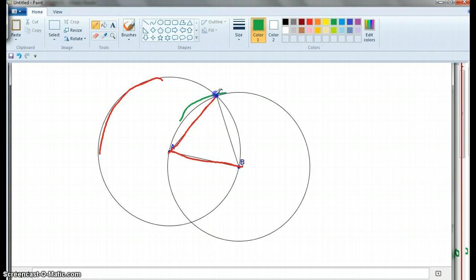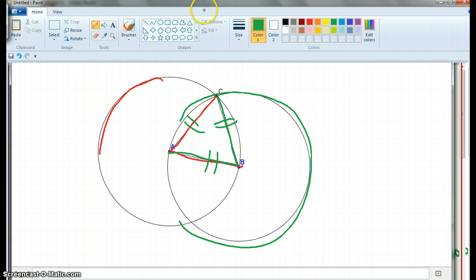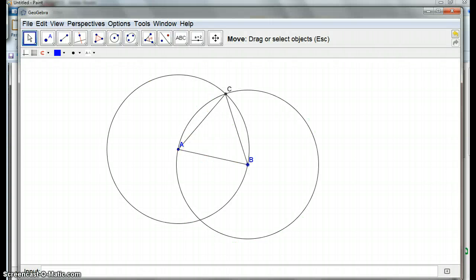And this circle here, that's the radius, and that's also the radius of that circle. So that means that these three are all the same, and therefore that is an equilateral triangle.